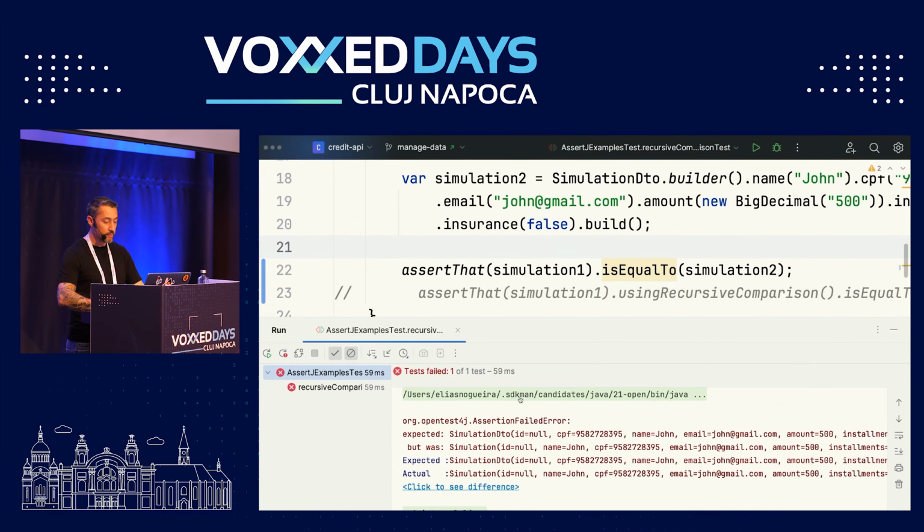What we probably do normally, instead of using recursive comparison, is assert that simulation1 dot getName is equal to simulation2 dot getName. But what is the problem with this?